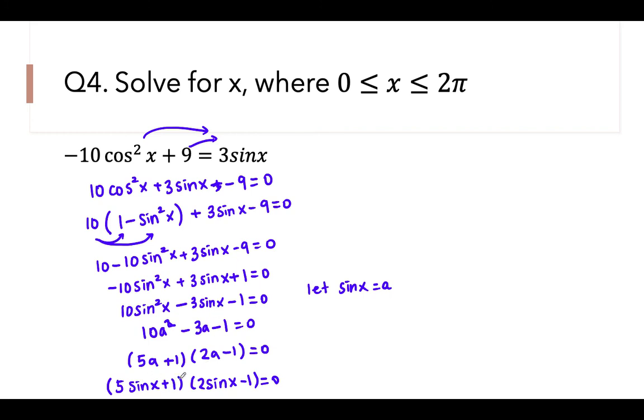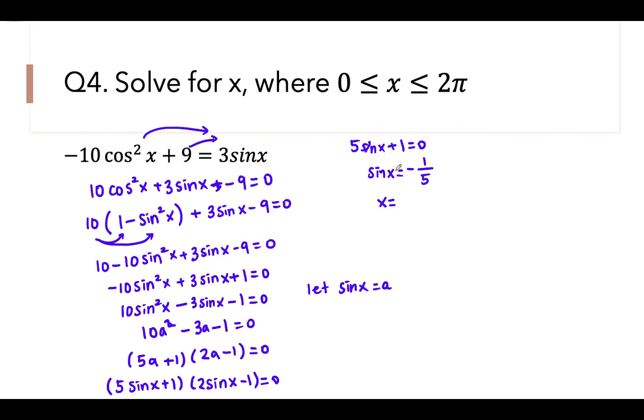Now what we can do is let each factor equal 0 because it's something times something. So we can say 5 sin x + 1 is equal to 0. That means sin x is going to be negative 1 over 5.